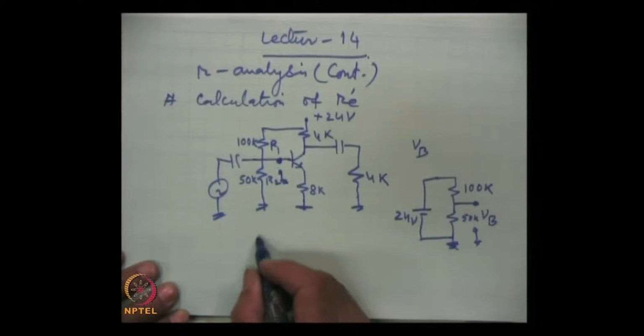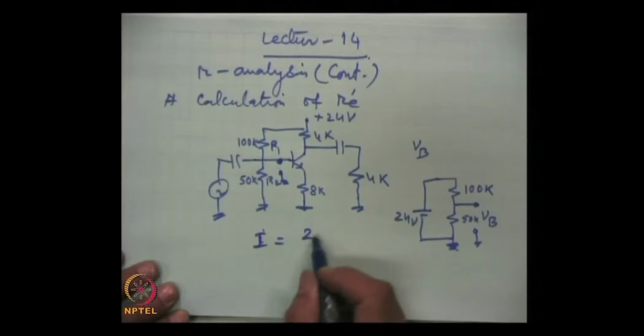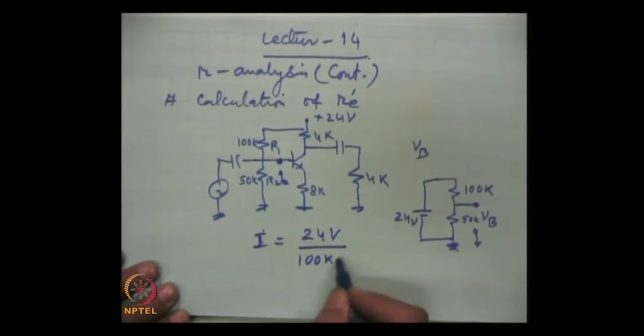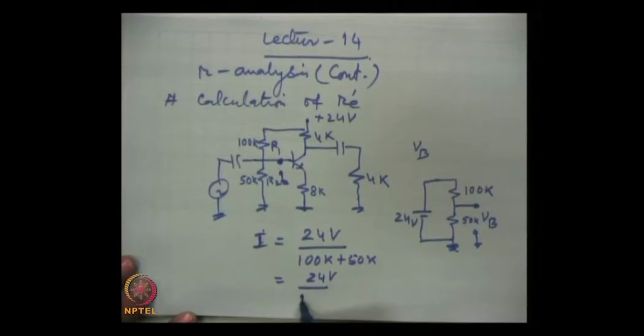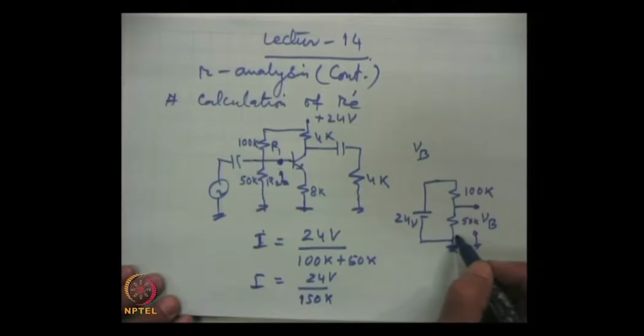So, the current will be 24 volts by 100 K plus 50 K, which is equal to 24 volts by 150 K, and this is the current, and the voltage across is current into this resistance.